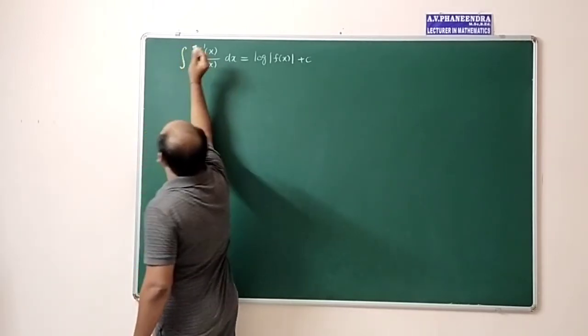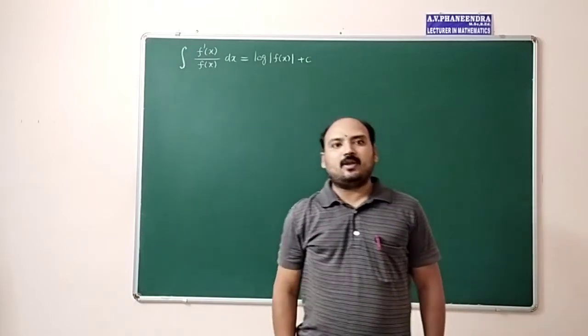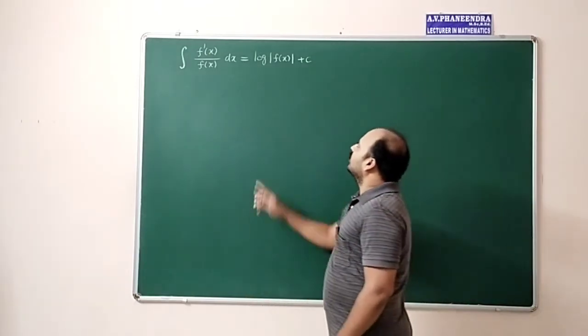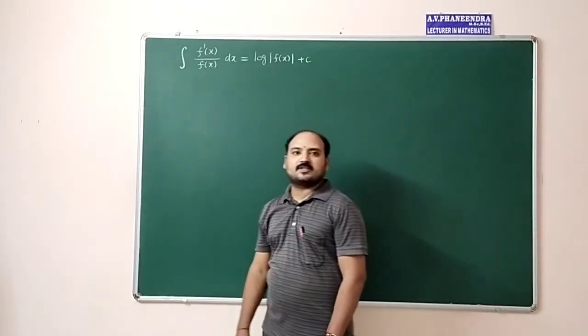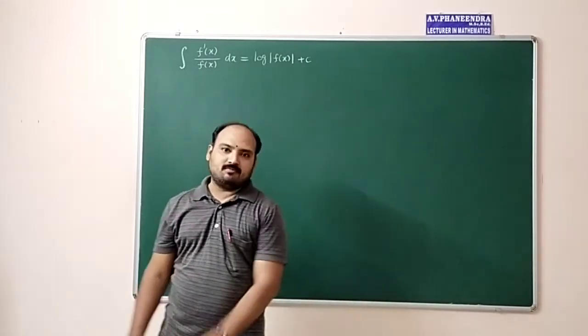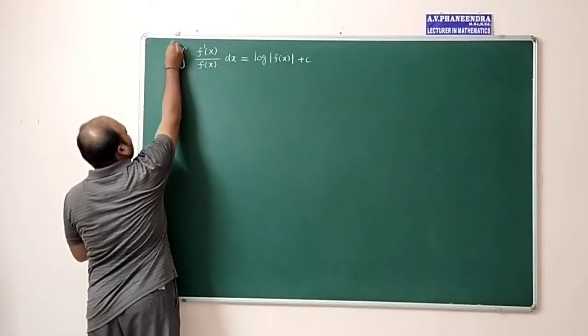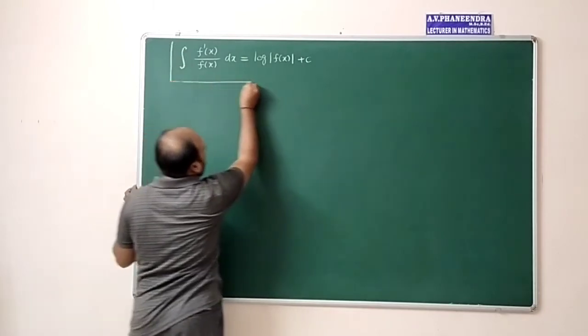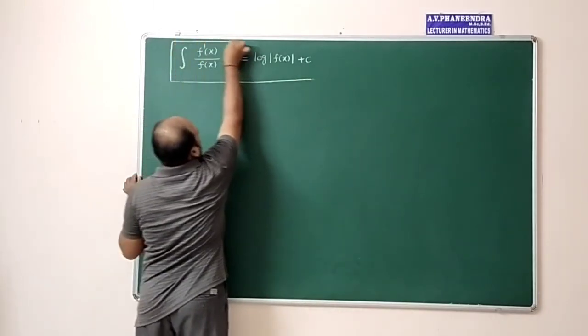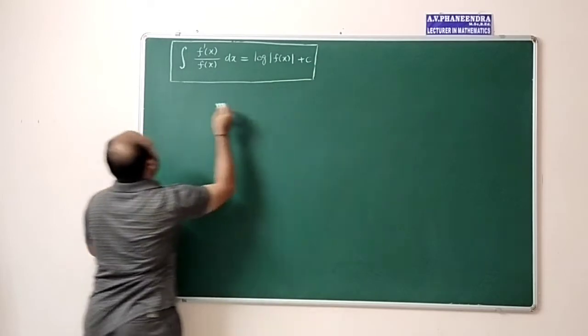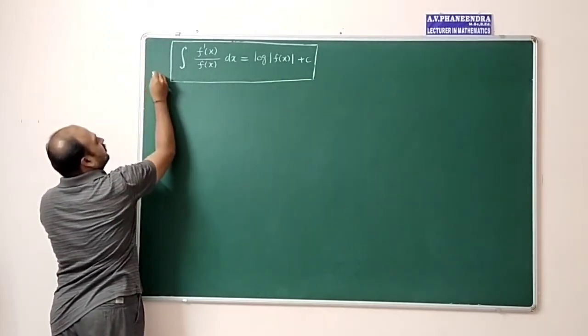So integral f dash of x divided by f of x into dx equals log mod f of x plus c. How will it be? But this result is very important. Give the name as result 1.